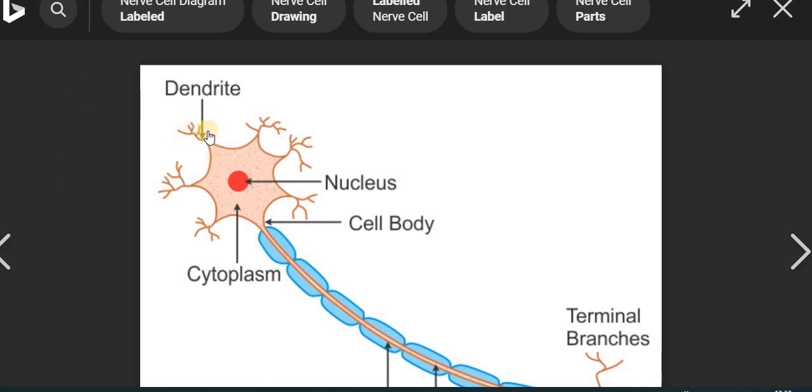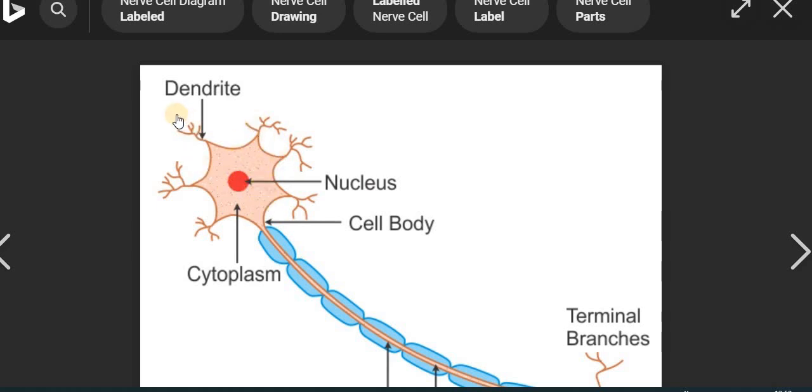This is the figure of the nerve cell. This hair-like structure is known as the dendrites, and the dendrites are responsible for collecting the nerve impulse. This is known as the cell body, and in the cell body the nucleus is present as well as the cytoplasm.